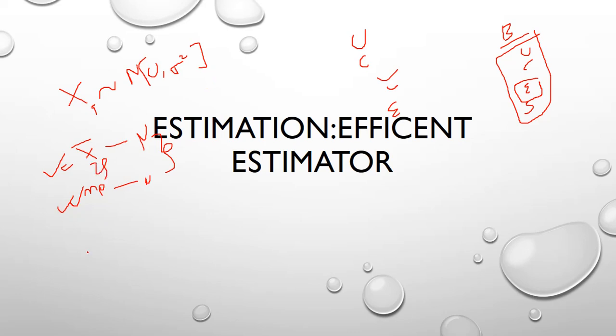Efficiency rule means I find the variance of x bar and the variance of the median, and whichever has less variance, that is the efficient estimator compared to the other. This is the general rule of efficiency. Now we can discuss the formal definition with examples.